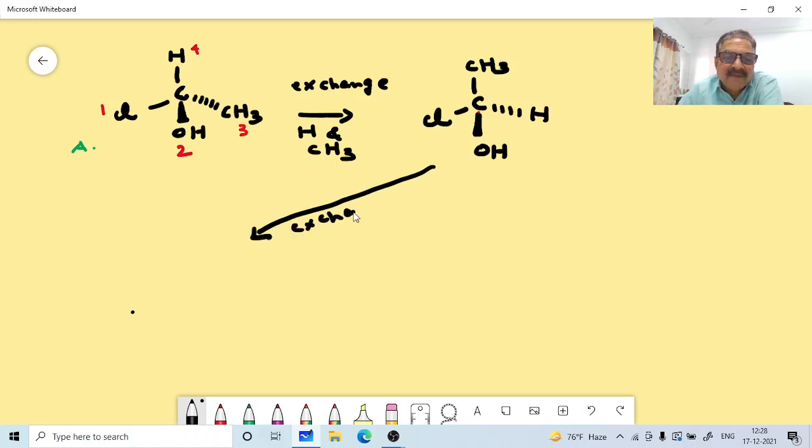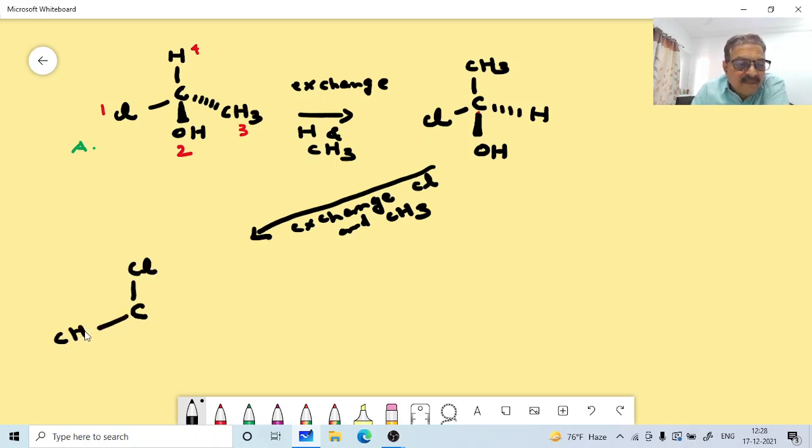Exchange chlorine and methyl group. So the molecule will be chlorine, methyl group there. Then we have our OH on a wedge.